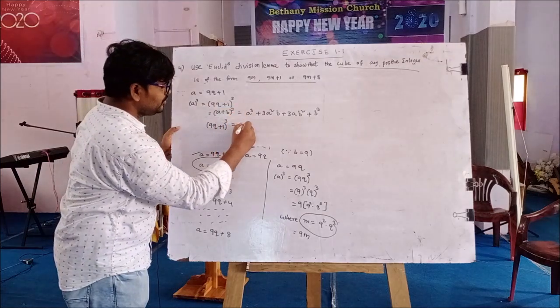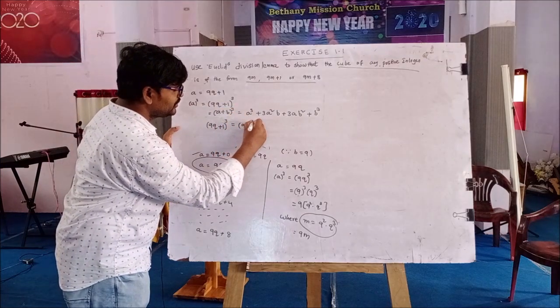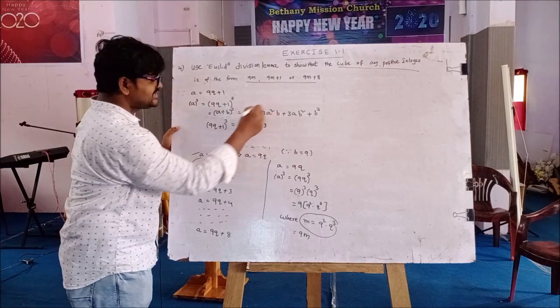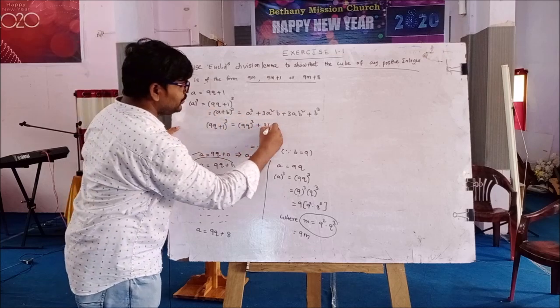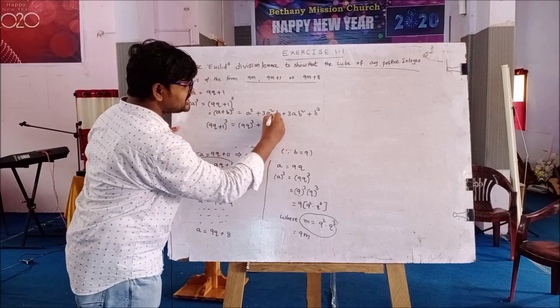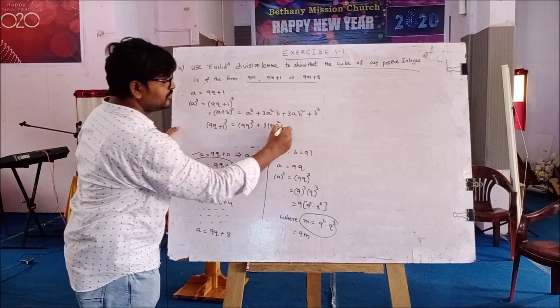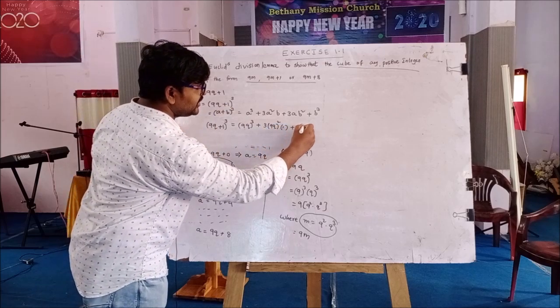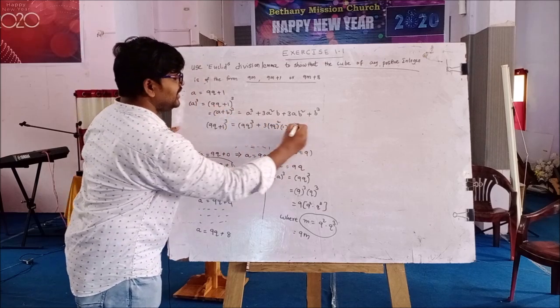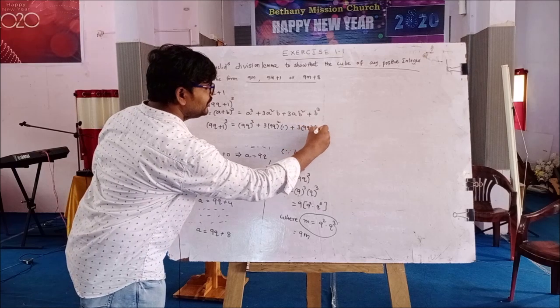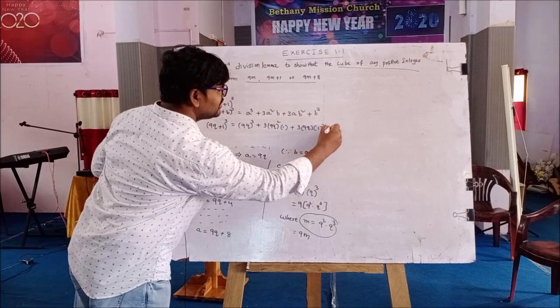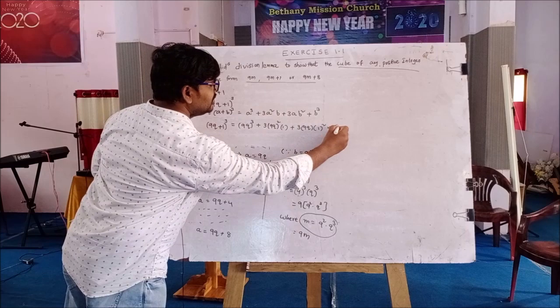Here a cube means (9q) whole cube, plus 3 into a square, (9q) whole square, into b value 1, plus 3 into a value 9q into b square, 1 square, plus b cube, 1 cube.